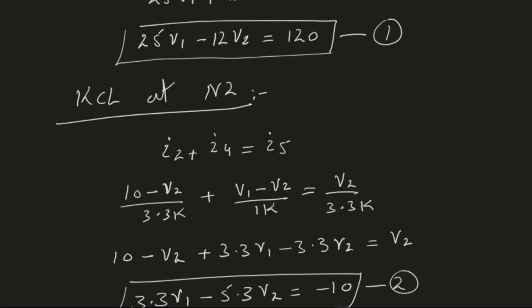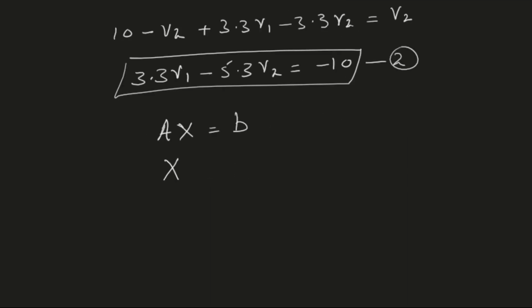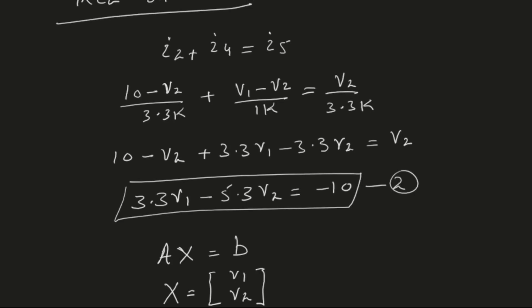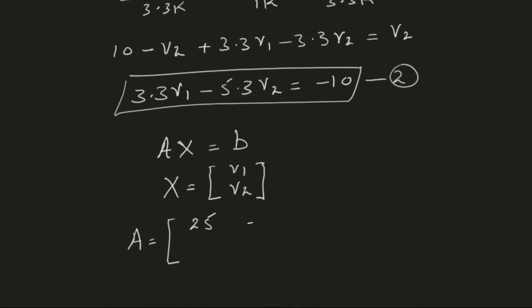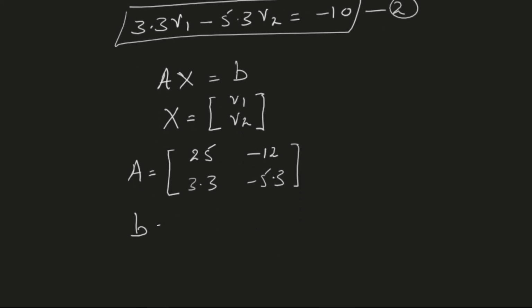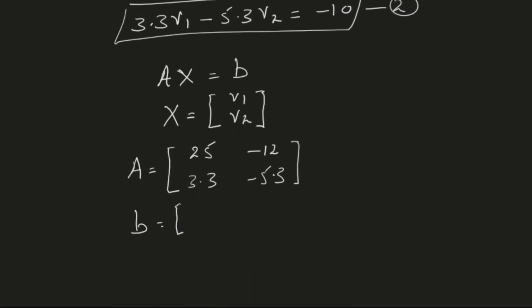To write these equations in terms of matrices, in the matrix form, we have A times X equal B. In this case, X would be the two voltages, V1 and V2, and A would be the matrix of the coefficients, which are 25, negative 12, and then 3.3, negative 5.3. And B is the constants on the right side. So those are 120 and negative 10.